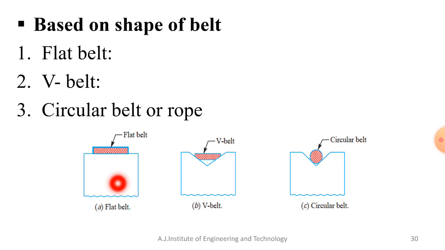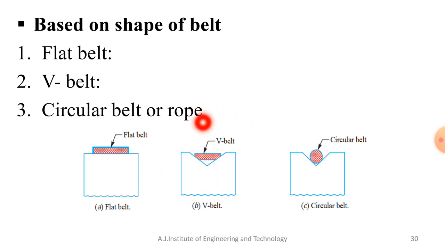Also when a moderate amount of power is to be transmitted, we have to go for flat belt. Flat belt can be used whenever a moderate amount of power is to be transmitted from one shaft to another shaft. At the same time, the center distance between the two shafts should not be more than 8 meters.